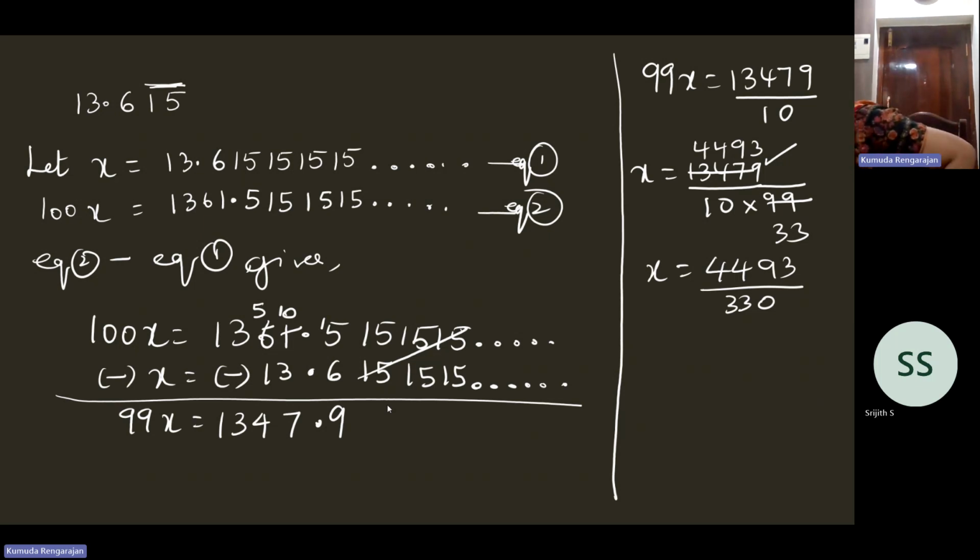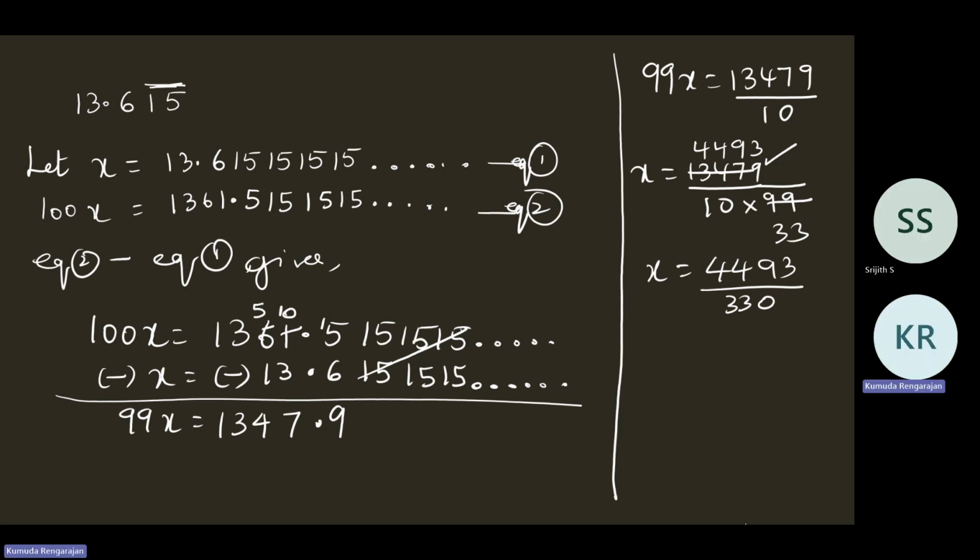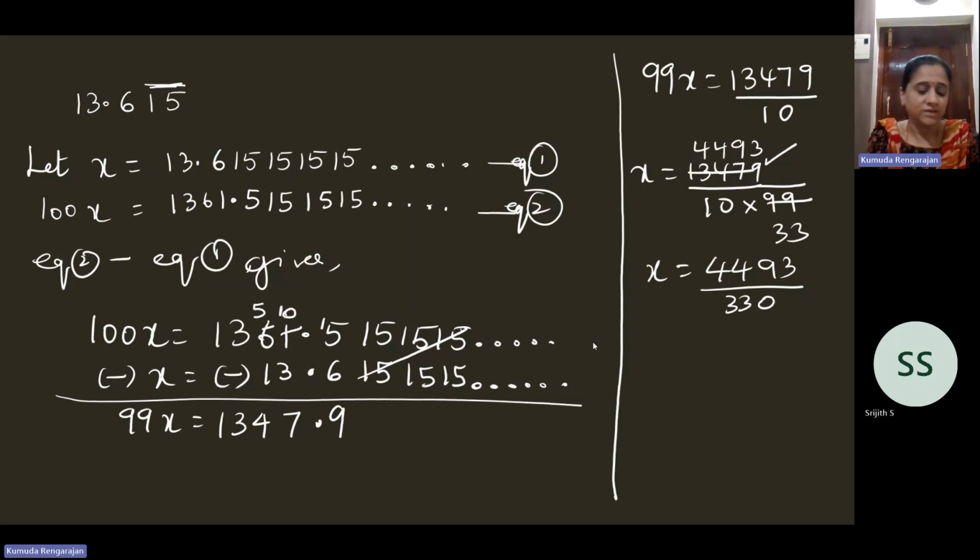Now, when I use the calculator to find 4493 by 330, I'm using the calculator to find the value of 4493 divided by 330. And see, 13.61515.